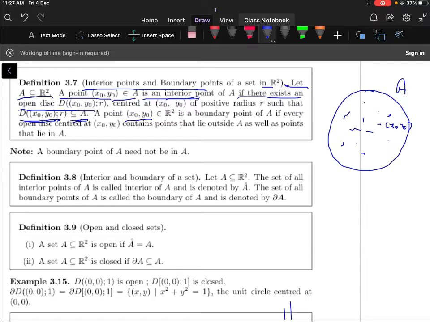If you want to say (x0, y0) is an interior point of A, there exists an open disk with center at (x0, y0) and radius r inside A. Then we can write that (x0, y0) is an interior point of the region A. Similarly, if I take another point here as (x0, y0), there exists an open disk with center (x0, y0) and radius r inside A. Therefore that point is an interior point of the set A.